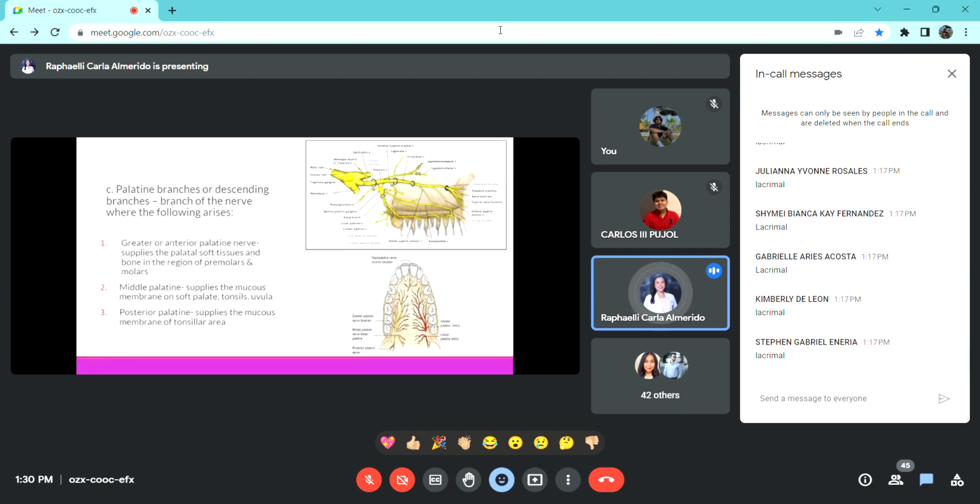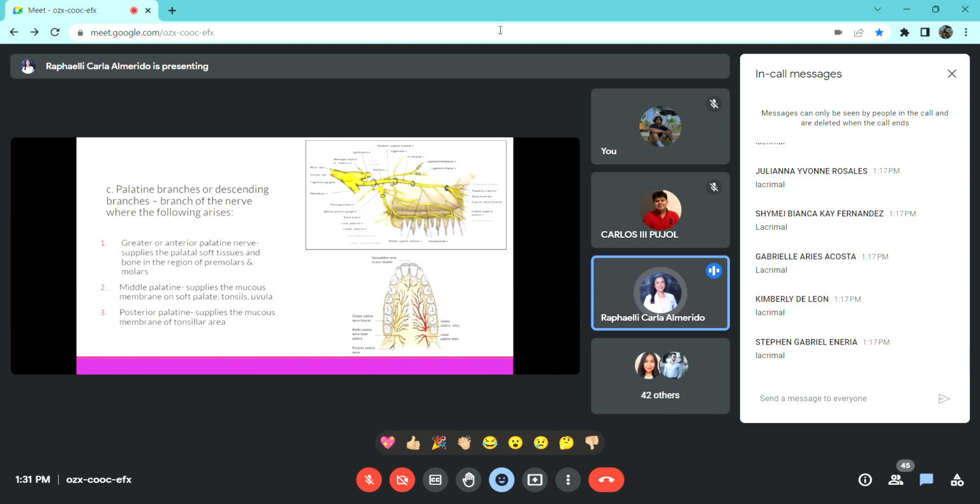The red one is your artery. When we talk about arteries later on, it's the same name, just labeled as nerve or as artery. So on your exams, I hope you understand that if the question asks for the nerve, you have to put the word nerve. If the artery is asked, you have to put the word artery.